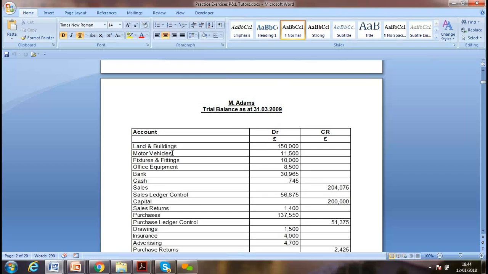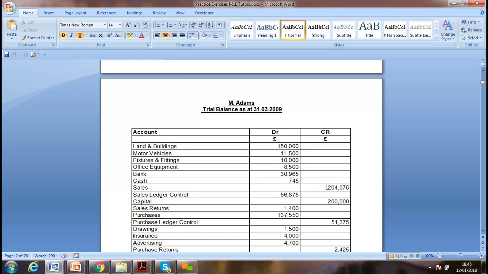So we are writing all the items like land, motor vehicle. Land is an asset, goes on the debit side. Motor vehicle is an asset, goes on the debit side. Fixture and fitting is our asset, goes on the debit side. Office equipment is our asset, goes on the debit side. Bank is our asset, goes on the debit side. Cash is our asset, goes on the debit side. Sales is our income.